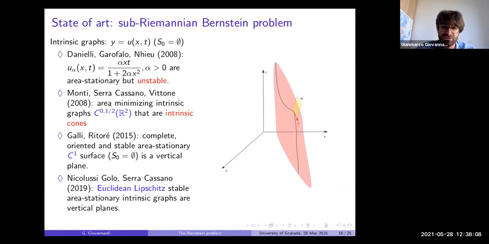In this case, it's not true, because the area functional for intrinsic graphs is not convex. After that, Monti, Serra Cassano, and Vittone in 2008 showed that an area minimizing intrinsic graph of low regularity, that is Hölder continuous of order 1/2, is an intrinsic cone.